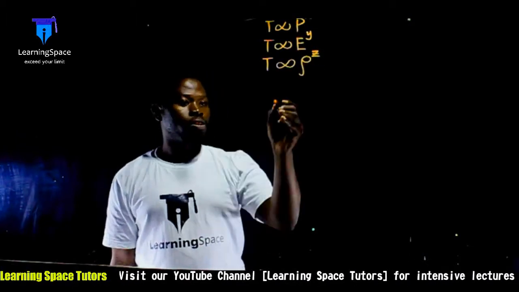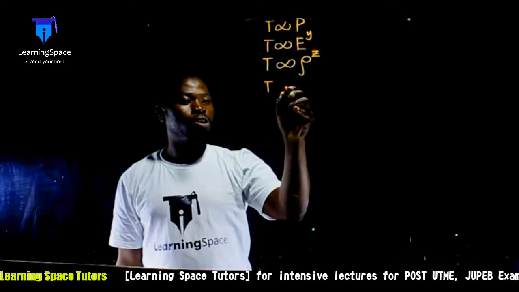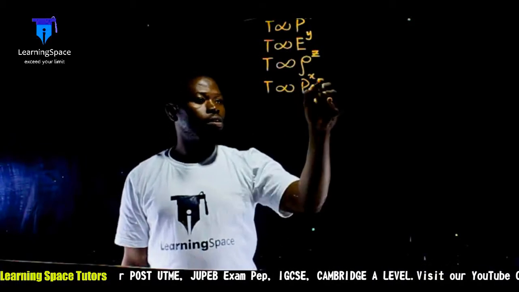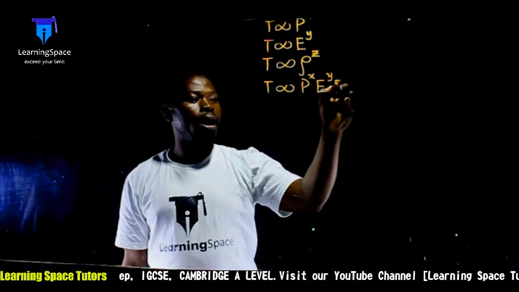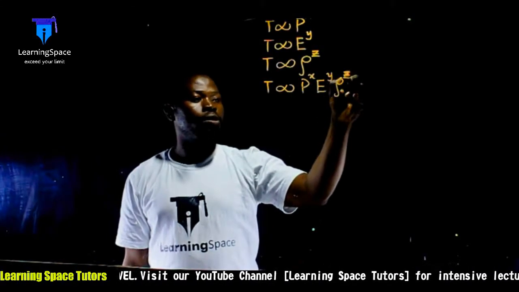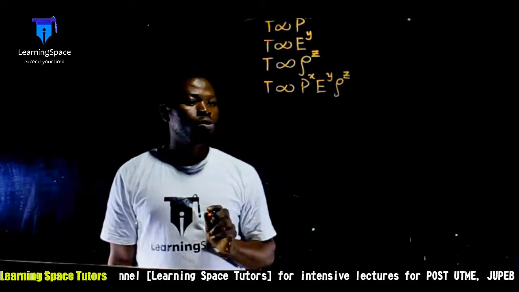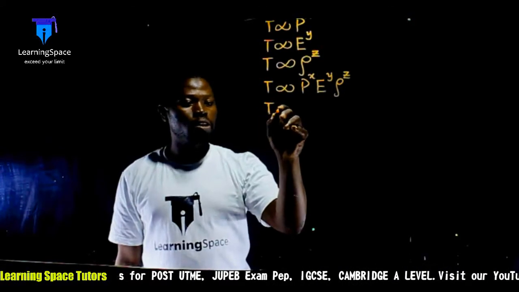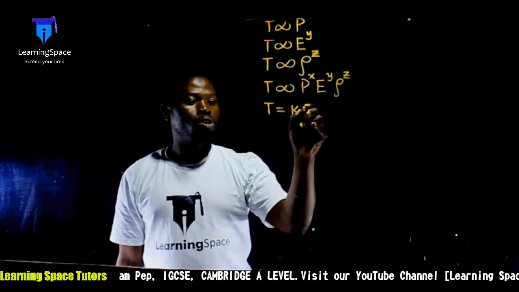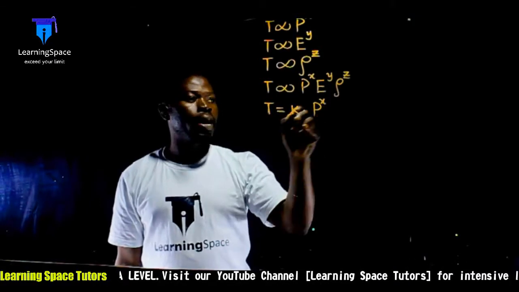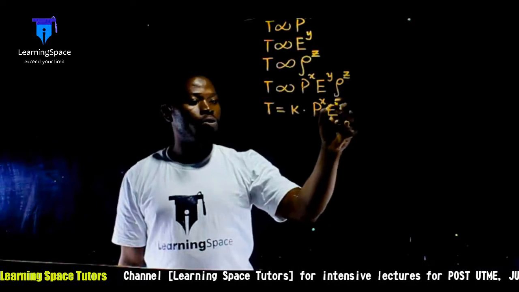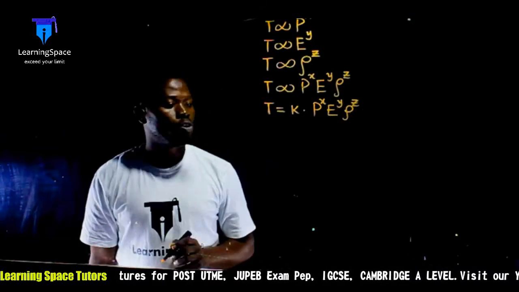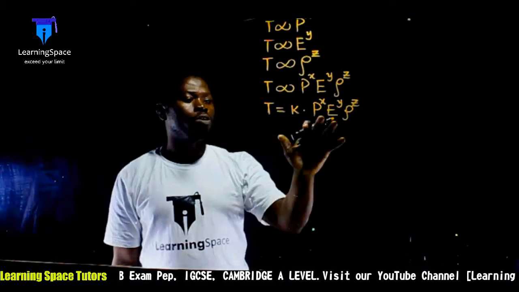So if I combine these three, I am going to have the period T depends on the pressure raised to power X, the blast energy raised to power Y, the density of the water raised to power Z. If I introduce a proportionality constant, we have T equals K times P raised to power X, blast energy E raised to power Y, and density of the water rho raised to power Z. We were told that this period depends on these three.